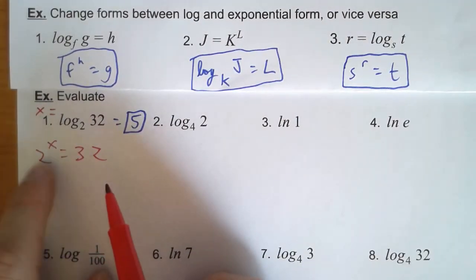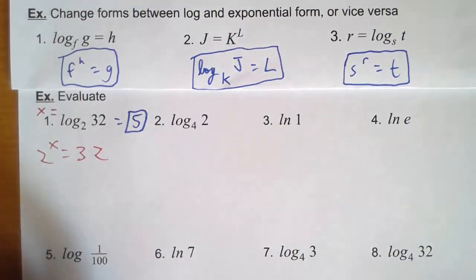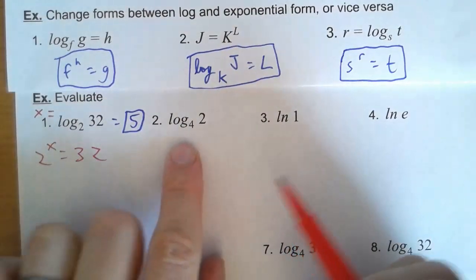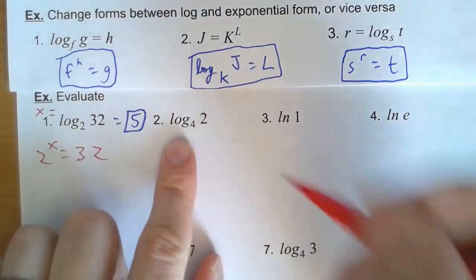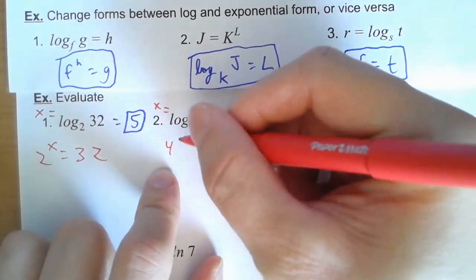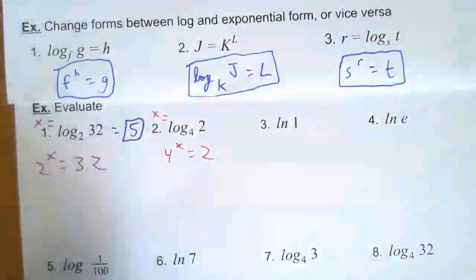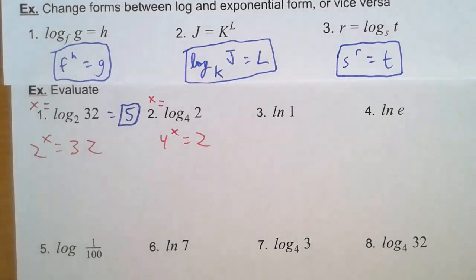What exponent we put on 2 to get 32. Similarly here, if you can get the answer just by looking at it, that's great. If you need to, you can put this equal to x and then change forms so that you can actually see the question of 4 to the what is 2.